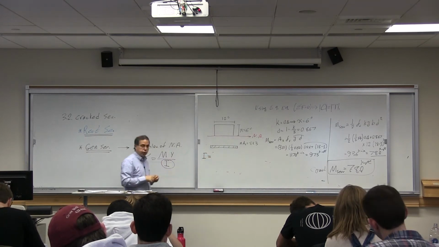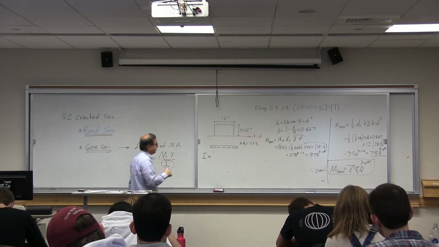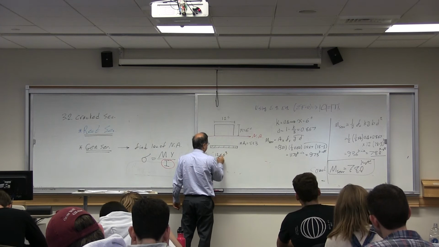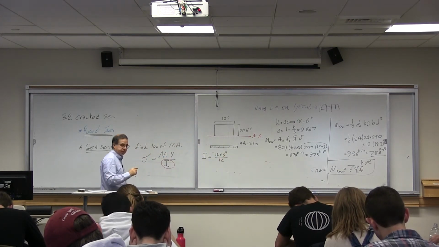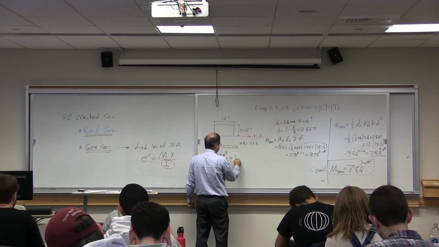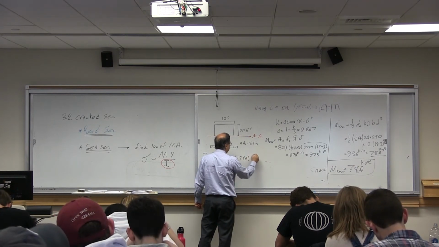I is equal to the moment of inertia of top part, 12 times 6 to the power of 3 divided by 12. That's the moment of inertia with respect to its own centroid, plus 12 times 6 times 3 squared.